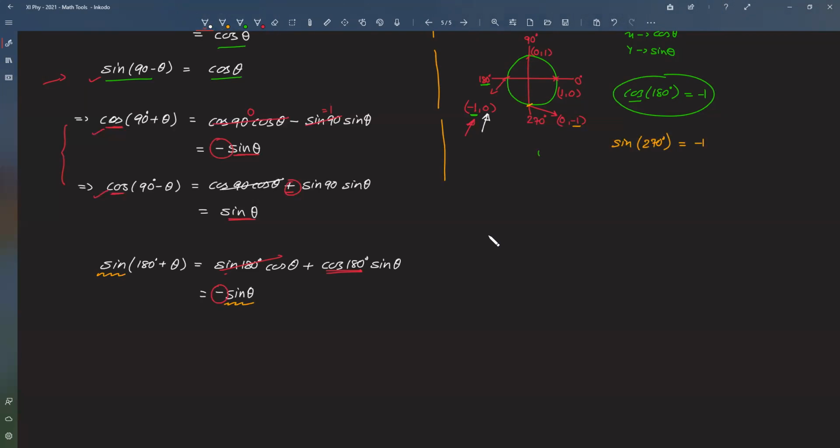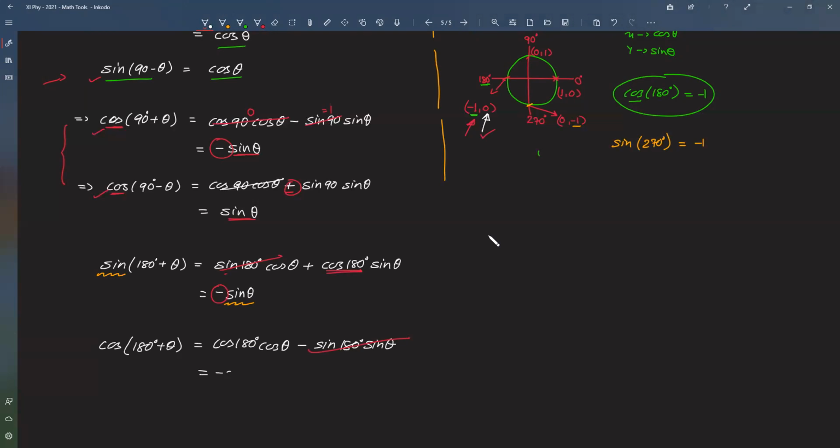Let's see what happens if we have cos 180 degree plus theta. So this is cos A plus B, which is cos A cos B minus sin A sin B. Now in this, the second term will be 0 because that has sin 180 degree, which is 0. Cos 180 degree is -1.